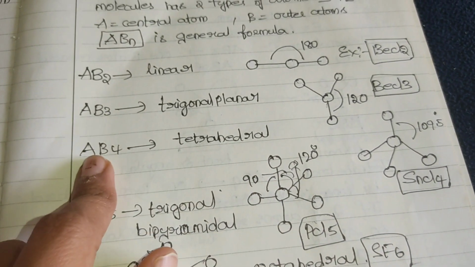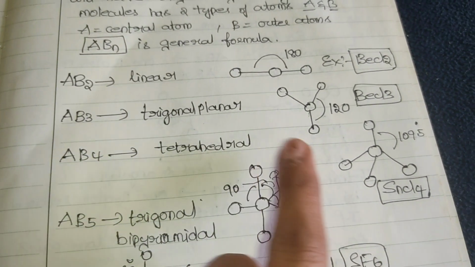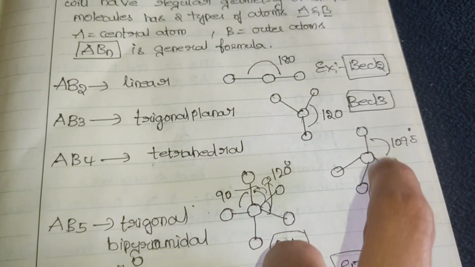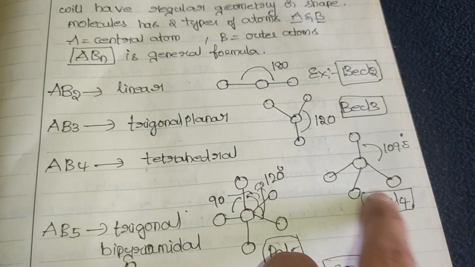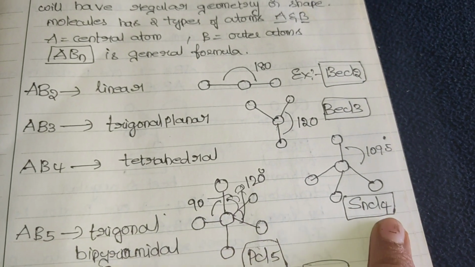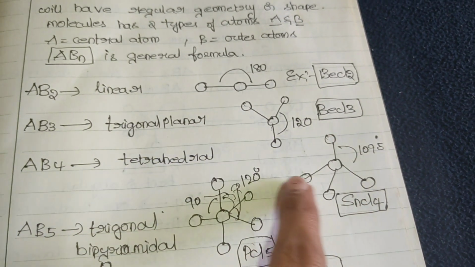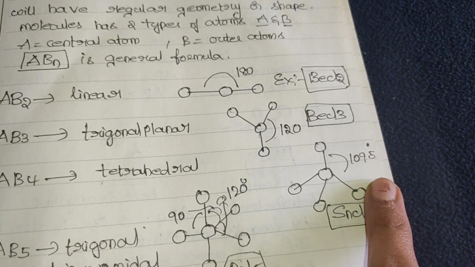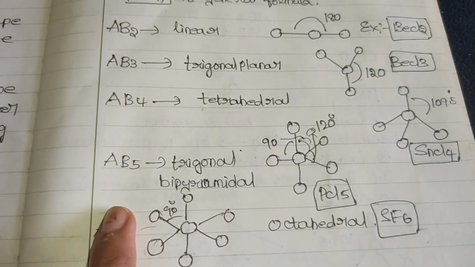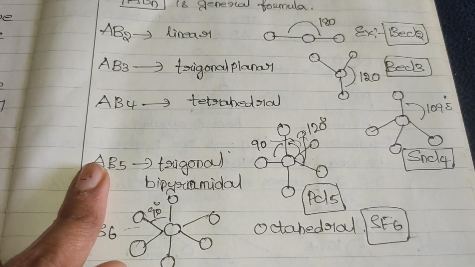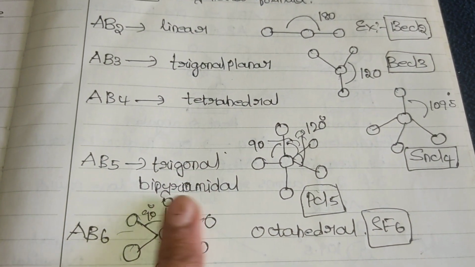Then AB4 has four B atoms connected to the central atom, in a tetrahedral shape. An example is SnCl4, with Sn in the middle and four Cl atoms attached to it, and the bond angle is 109.5 degrees. Then AB5 is trigonal bipyramidal shape.